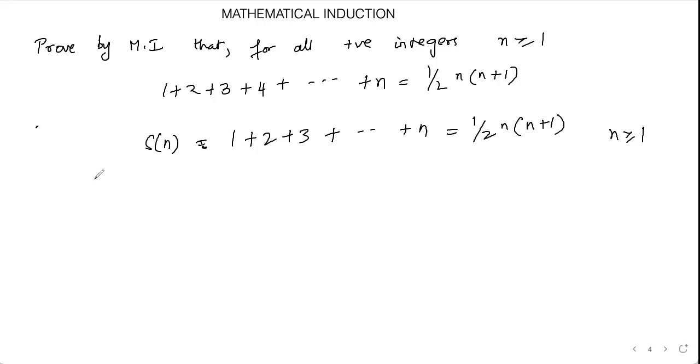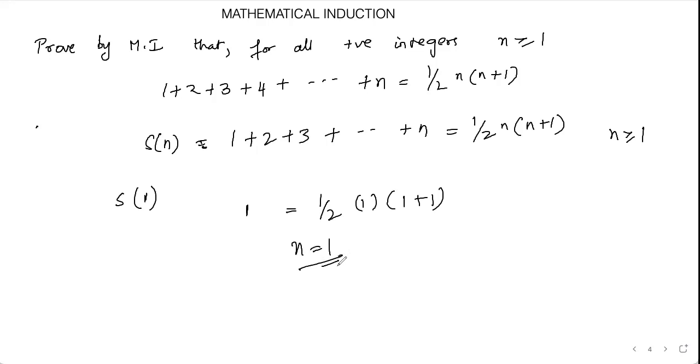So the first step is for n equal to 1, the statement is true. That is, 1 is equal to 1 by 2 times 1 into 1 plus 1, which is clearly true, and hence it is verified for n equal to 1.